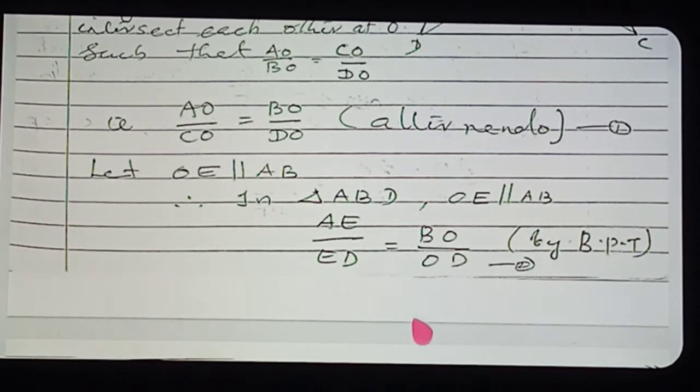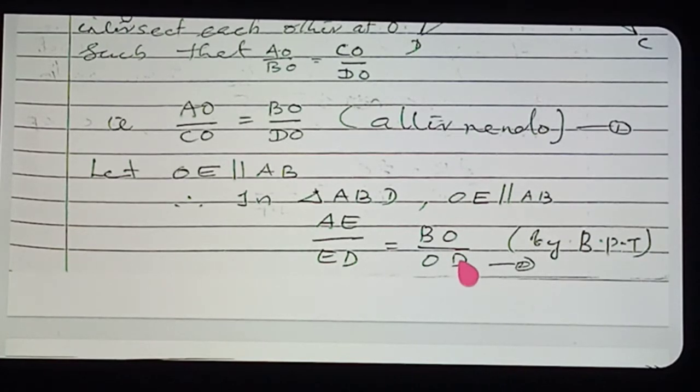First equation, second equation, closely watch it. Any peculiarity you can observe? Yes. Which peculiarity? Right hand side is equal. BO by DO is the same as BO by DO. OD or DO, both are the same only. Therefore, BO by DO is equal to BO by DO. So, in the first and second equation, the RHS parts of the equations are equal.